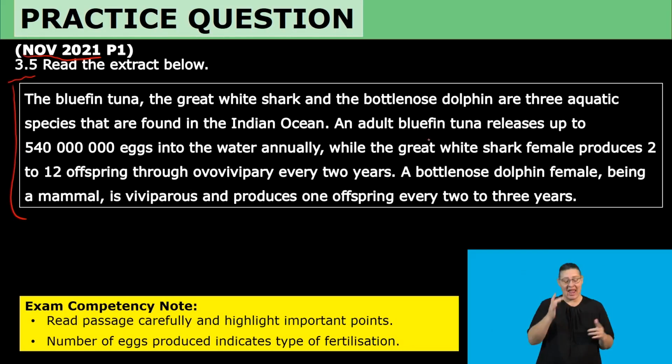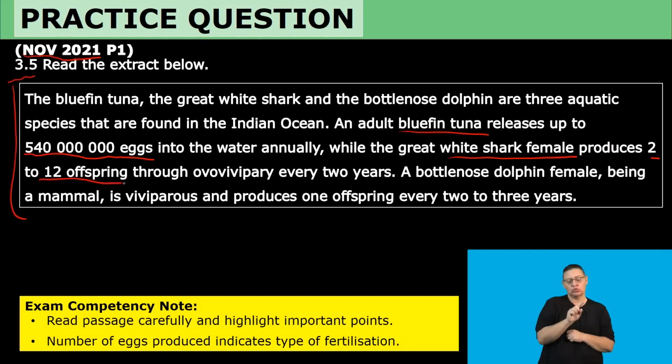An adult bluefin tuna releases up to 540 million eggs into the water annually, while the great white shark female produces 2 to 12 offspring through ovovivipary every 2 years.